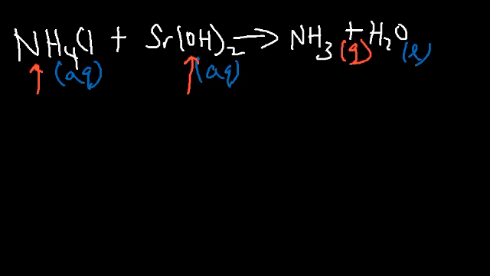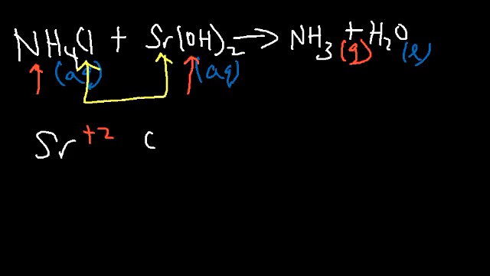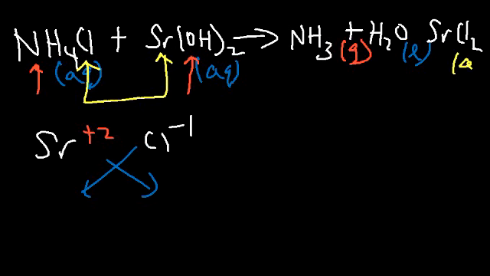Now for the last compound, we need to pair up strontium and chloride. Because strontium is in group 2, it has a +2 charge, and chloride has a -1 charge. So when we pair these two together, it's going to be SrCl2. And chlorides are generally soluble except with silver, lead, and mercury, so strontium is not an exception, so this is going to be aqueous.